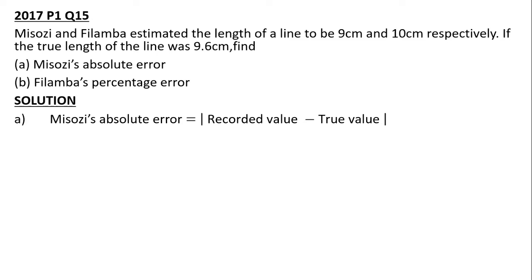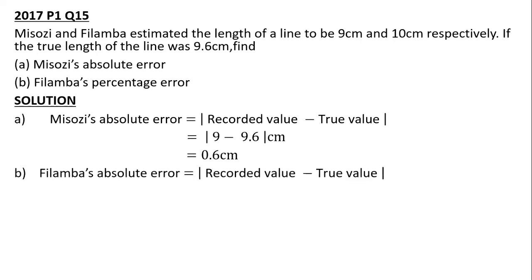So Misozi recorded a length of 9 centimeters and the true length was 9.6. So we are going to replace. The modulus of 9 minus 9.6 is giving us 0.6 centimeters. So Misozi's absolute error was 0.6 centimeters.